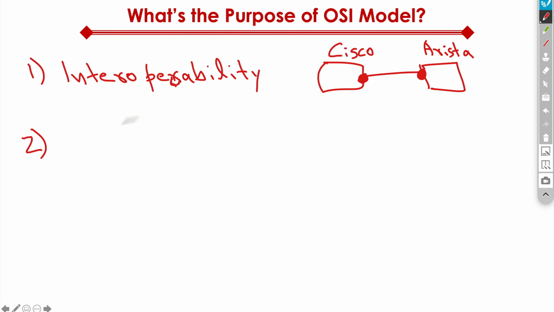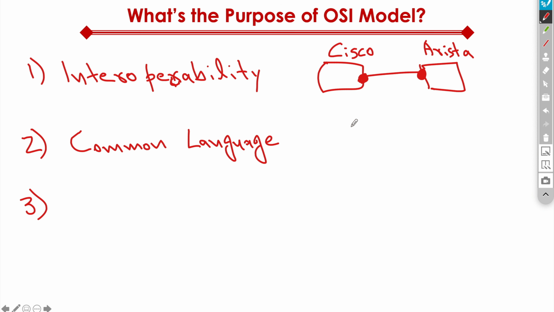The second thing it gives us is a common language that can be used by different vendors to continue producing great networking products that operate with different sets of standards. For example, layer 1 has its own physical layer standards, layer 2 has its own standards, and layer 3 has its own standards. So when you're looking at a device that operates at layer 2, it is only designed with layer 2 in mind.